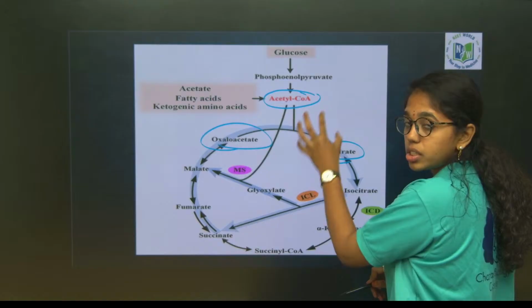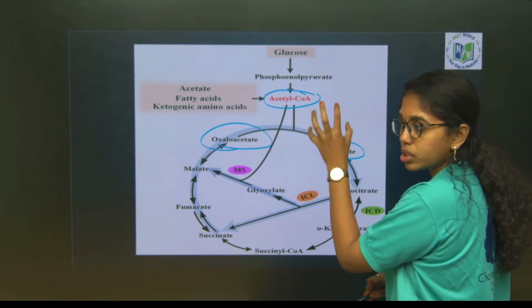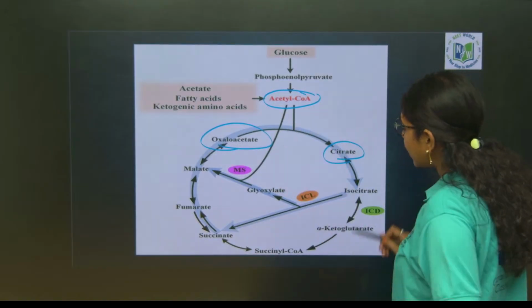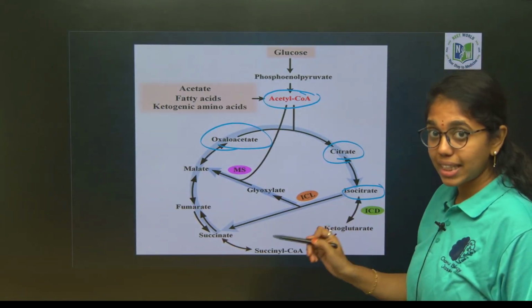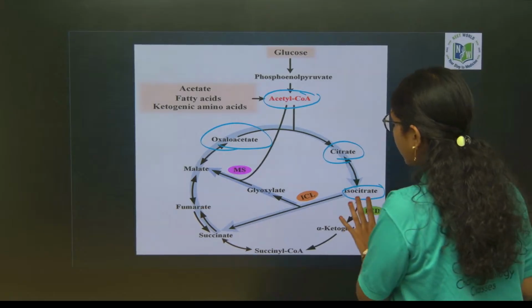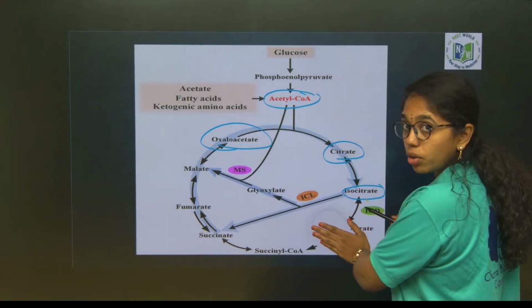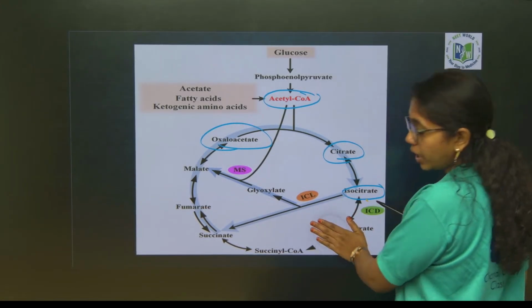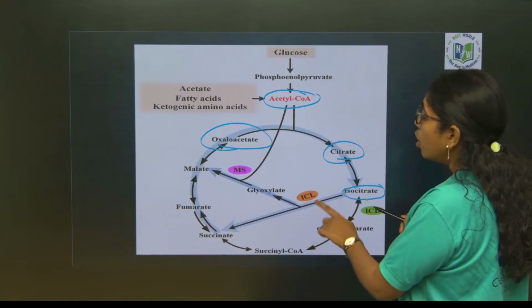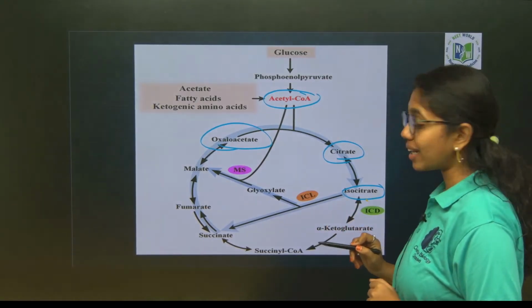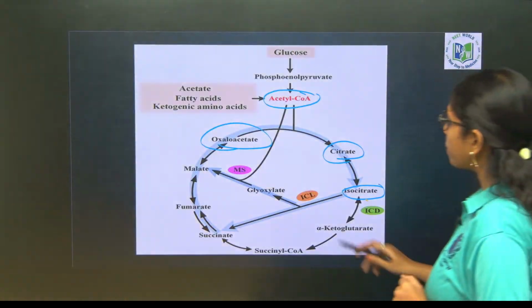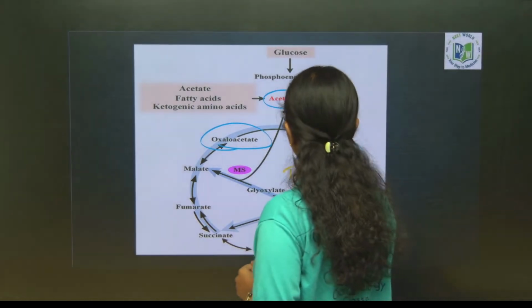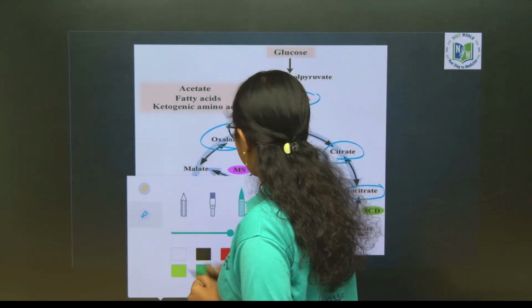This is the first step of what cycle, ma? Tricarboxylic acid cycle. So, this citrate will be converted to isocitrate by the enzyme citrate synthase. Isocitrate, instead of decarboxylating into alpha ketoglutarate, through the enzyme isocitrate lyase, okay, through what enzyme? Isocitrate lyase, it gets converted to, what is the enzyme, beta?